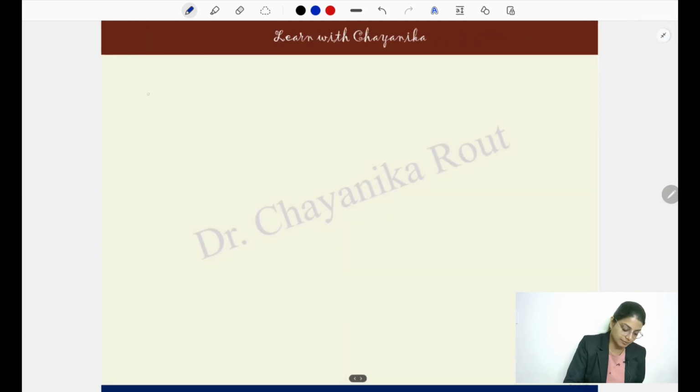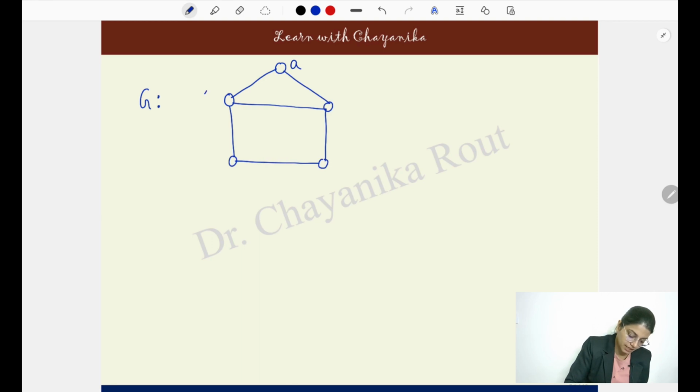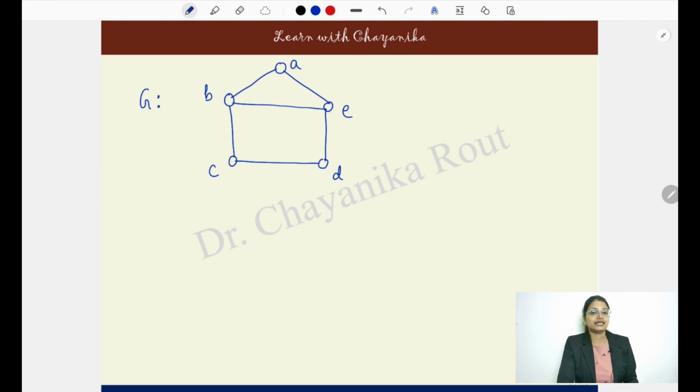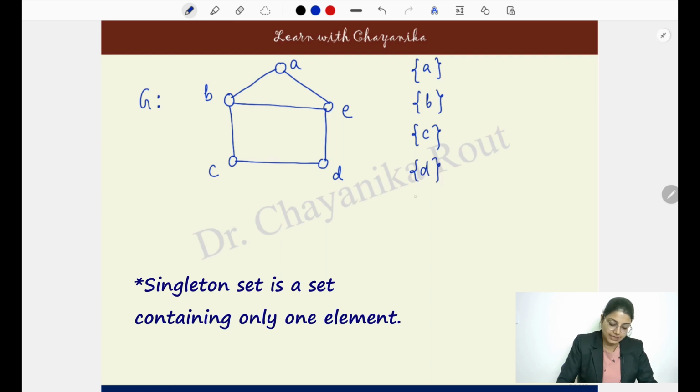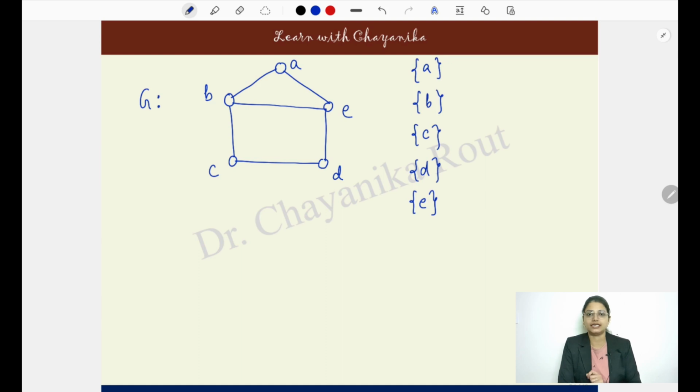So let's see some examples. Suppose we have a graph G, vertices are A, B, C, D, E. So what are the independent sets here? Now you have to keep in mind when you are listing down the independent sets, the first independent sets are the singleton sets, that is the set containing only A, only B, the set containing only C. So all the singletons that can be created by the vertices themselves, they are all independent sets.